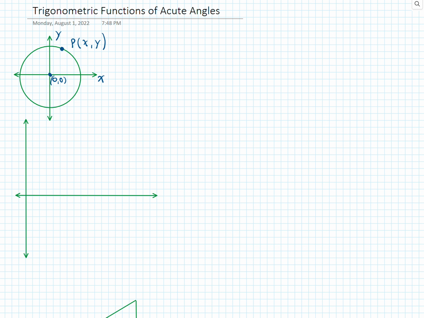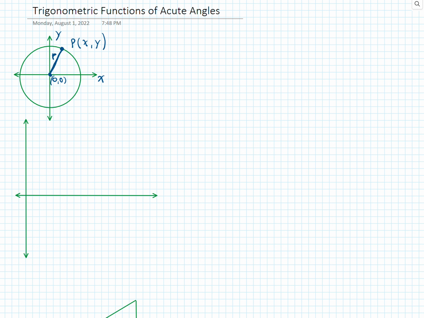Whatever x is, whatever y is, that point P is at x, y. Now, I can draw a segment between my point P and the origin, and that is the radius of my circle, and so then I can call my segment I just drew here R for the radius of the circle.